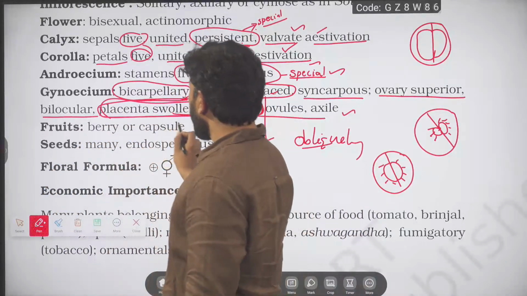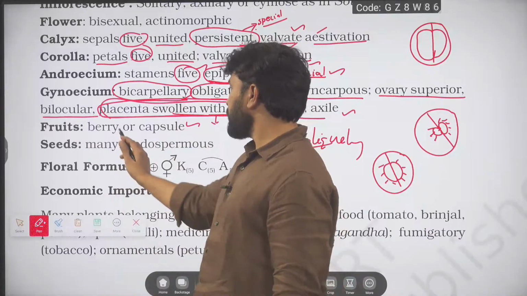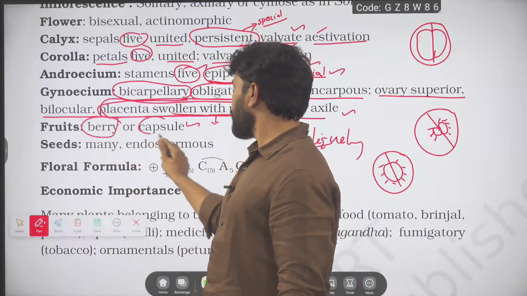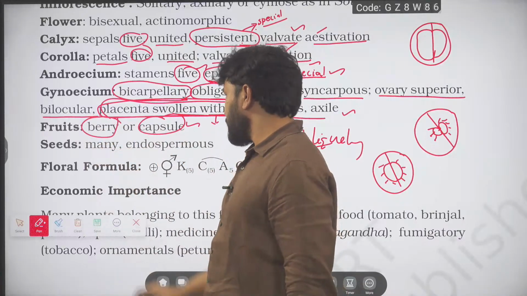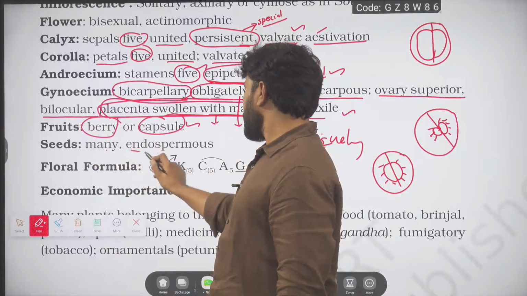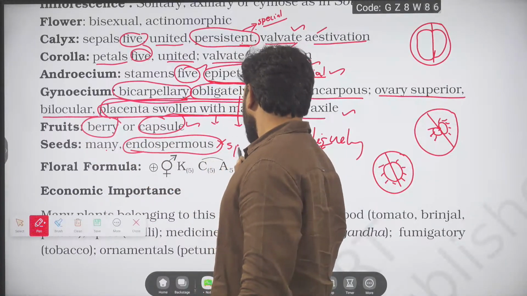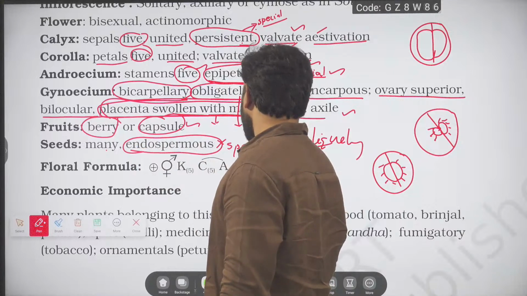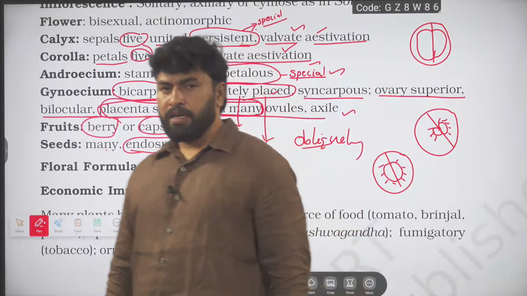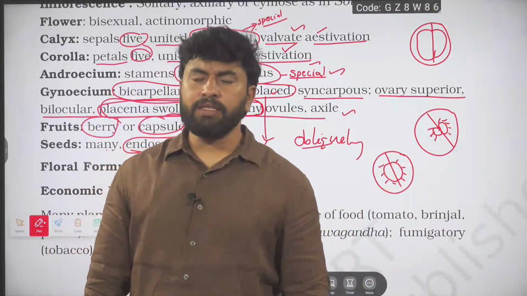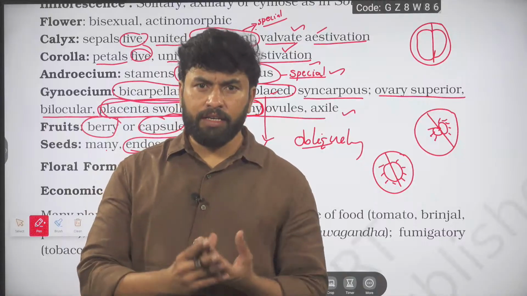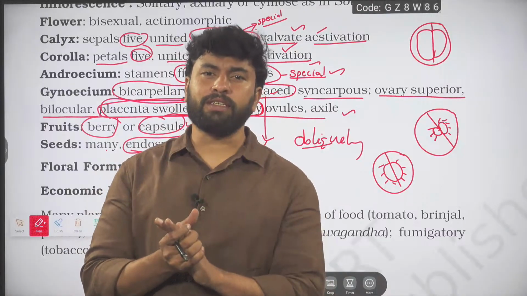Fruits. Berry or capsule. And seeds. Many seeds. This is special in case of the Solanaceae family. Why? Because even though the members of Solanaceae are dicots, they have endospermic seeds.